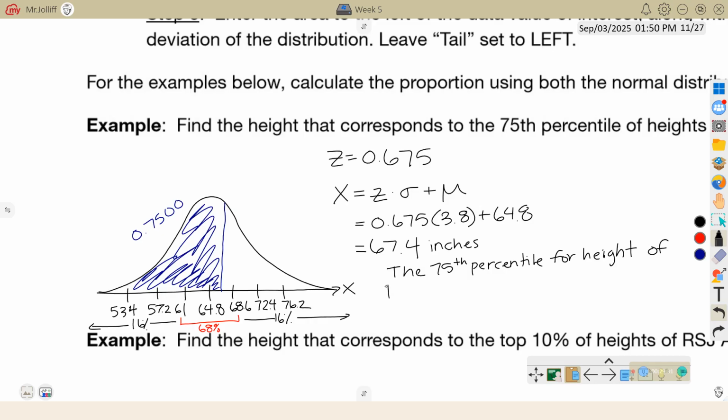For height of RSJ stats students is 67.4 inches. Or 67.4 inches is at the 75th percentile of height for RSJ stat students, one or the other. Wording from the question, answer from our calculations plus units.